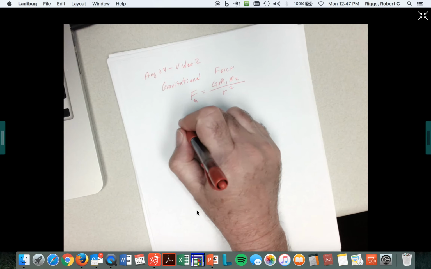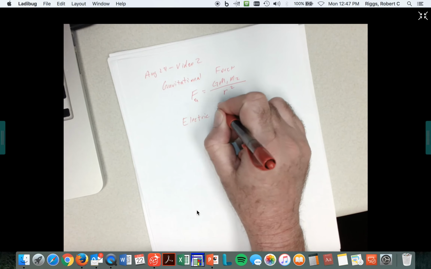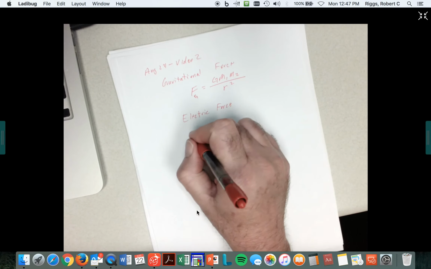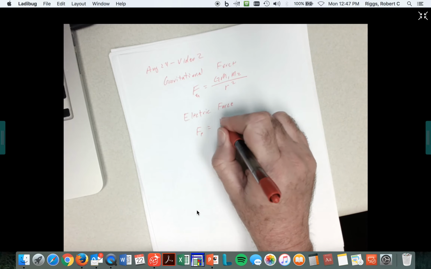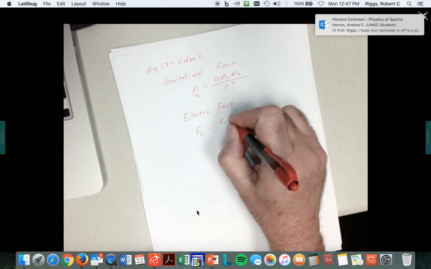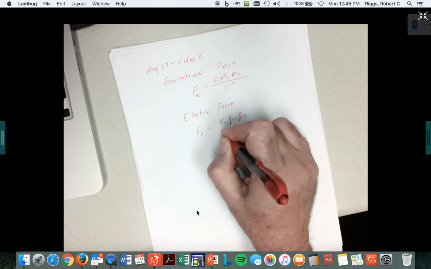The electric force, Coulomb's law, says basically the same thing. The electric force is equal to the electric constant, not the gravitational constant, the electric constant, times the charge on 1 times the charge on 2 divided by R squared.